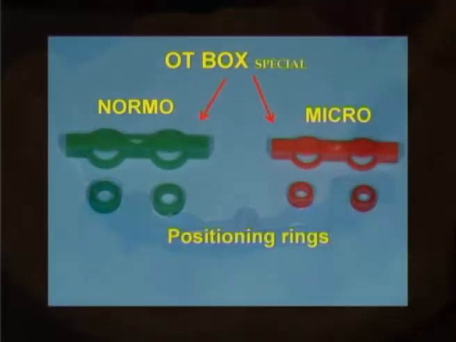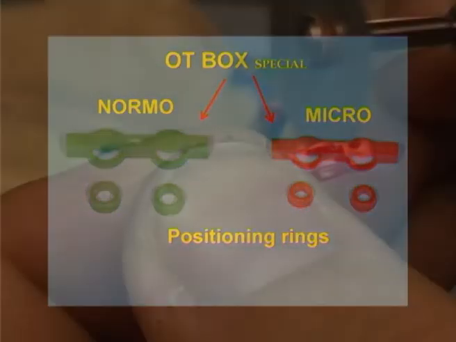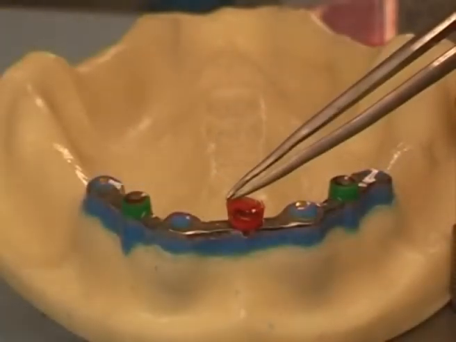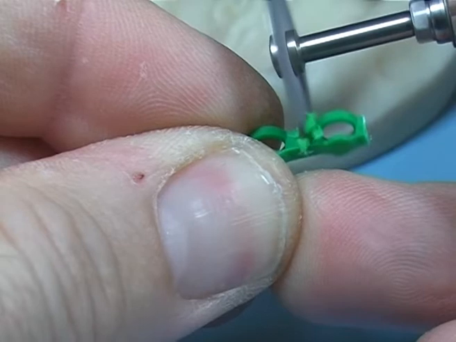Isolate all areas with gypsum resin insulate. Split some OT box special and use only the boxes. Snap them over the positioners.